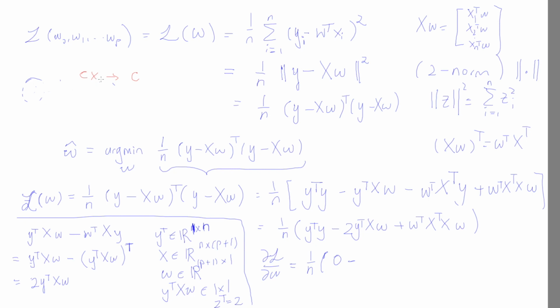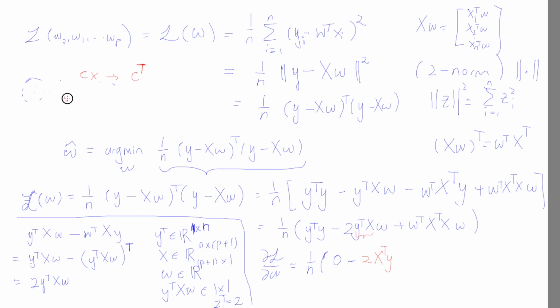But when it's a vector, I'll actually get c transpose. So here, this is the coefficient and this is the thing we're differentiating with respect to, so what we get left with is 2 times the transpose of this, which is X transpose y. It's very similar to standard calculus, except that instead of just getting c, we get c transpose.